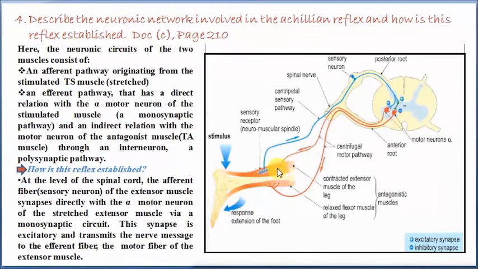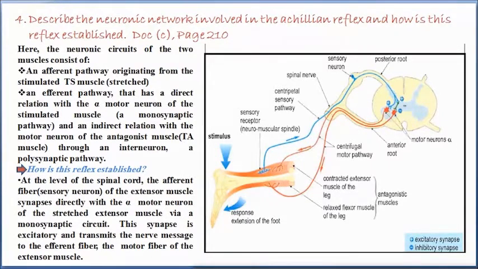At the same time, the sensory neuron is synapsing with this neuron, which is an interneuron. This interneuron is synapsing with the alpha motor neuron of the flexor muscle. I hope it's clear by now.